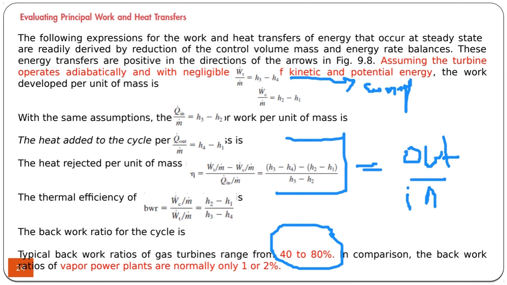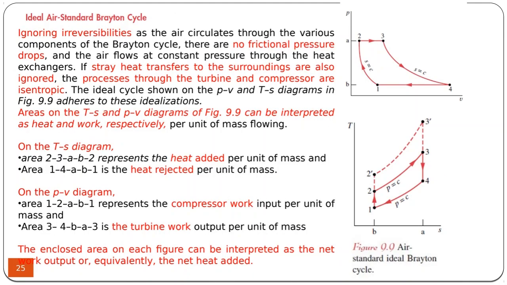In an ideal air standard Brayton cycle, you can see that we have 4 processes. In the compressor, the compression is isentropic, which you can see in the TS diagram. So compression takes place isentropically. Then heat addition takes place in constant pressure.